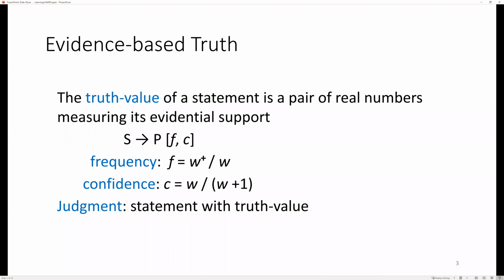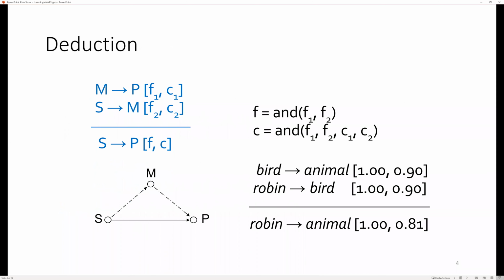Based on this simple knowledge representation, now we can begin to introduce the inference rules. For example, the simplest case is the deduction rule. You have two judgments, and from them you can derive a new one. Intuitively speaking, as you can see in this graphical representation underneath, it is nothing but the transitivity of inheritance extended from binary to a multi-value situation.